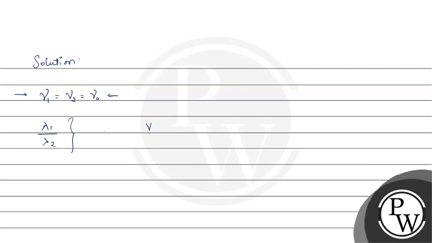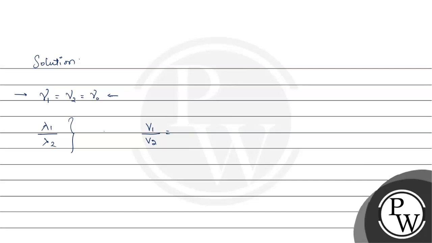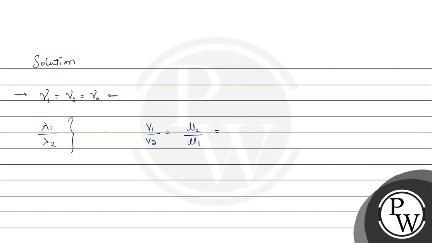We can find it from the relation that V1 upon V2 will be equal to n2 upon n1. Sorry, let me correct it. It will be equal to n2 upon n1, and V1 upon V2 are themselves mu 1 lambda 1 upon mu 2 lambda 2.